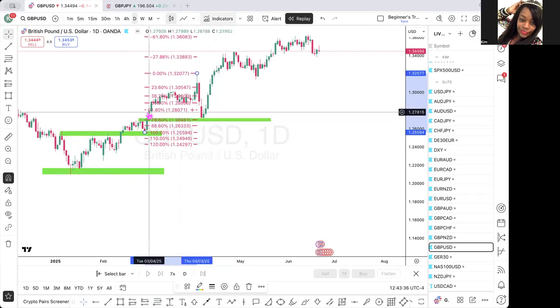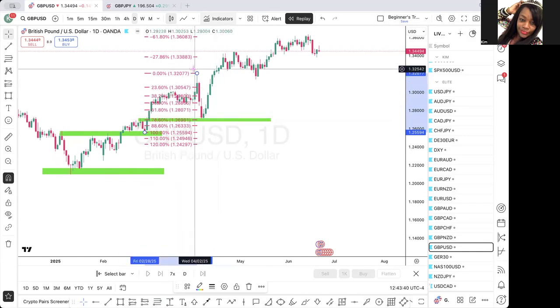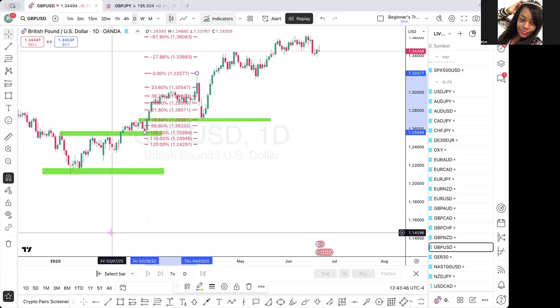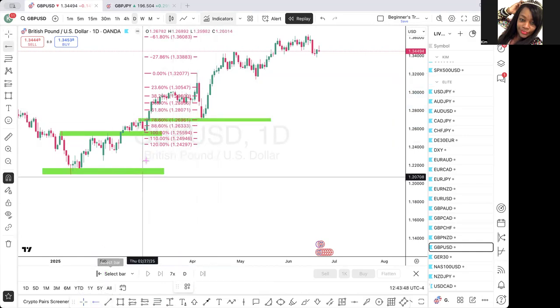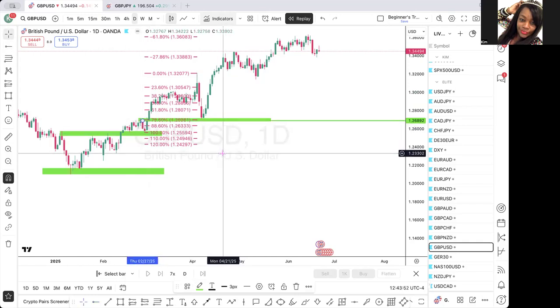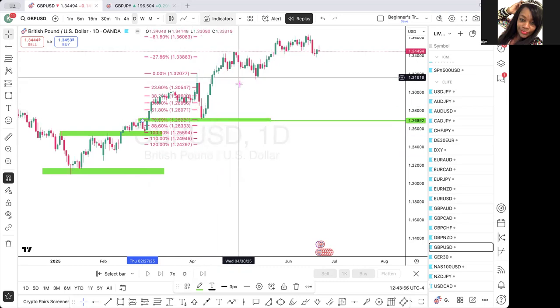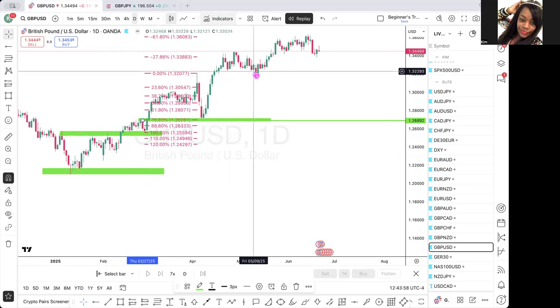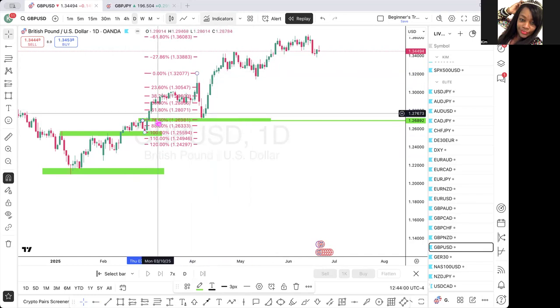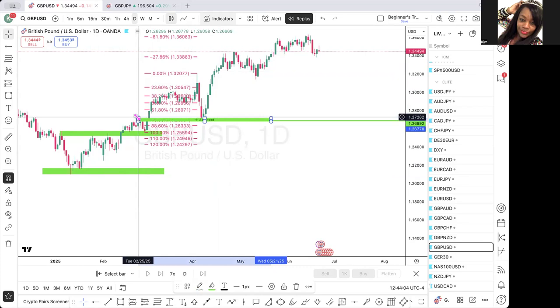So I may have marked up this zone because it is at my 78, right? But again, I would have had my limit here at the 78. So this would have missed me. And I'm okay with that, especially if I've gotten in a trade earlier. I'm still in at least my one trade.